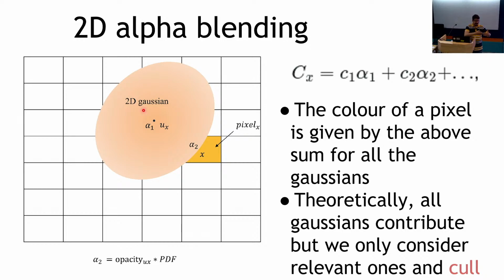Now you want to blend them in some way, because some planes can be opaque, some transparent, some semi-transparent. So you want to do alpha blending. That is very much similar to the volumetric rendering equation: C1 is the color of that splat, alpha 1 is the contribution. So you do a weighted average of all the splats.